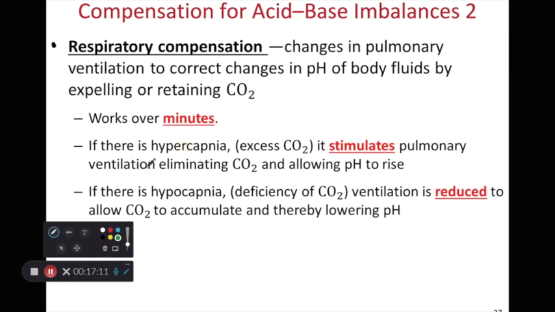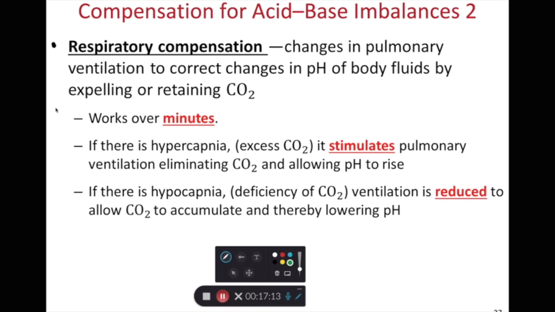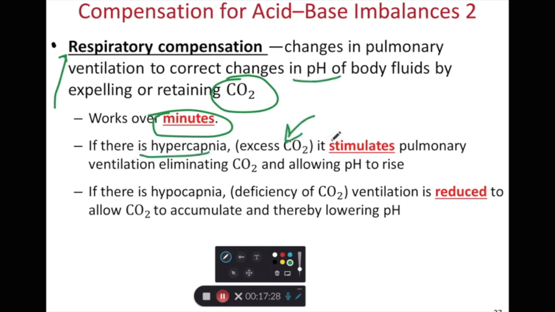So as we look at these respiratory compensation mechanisms, these respiratory mechanisms can work over the course of minutes by altering the amount of carbon dioxide that we inhale or exhale to ultimately change the pH of our body fluids. If we have hypercapnia, too much carbon dioxide in our bodies, we are going to stimulate the pulmonary ventilation or respiratory rhythm so that we breathe in and out more, lowering the overall carbon dioxide concentration of our bodies and allowing the pH to become more alkaline.